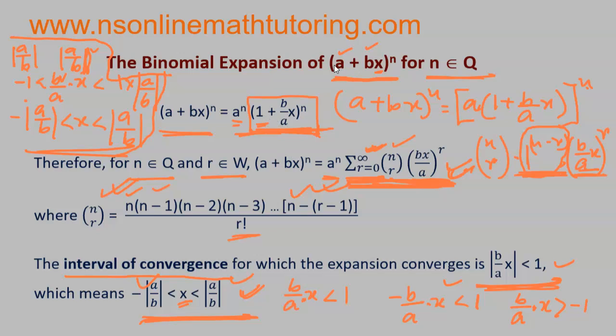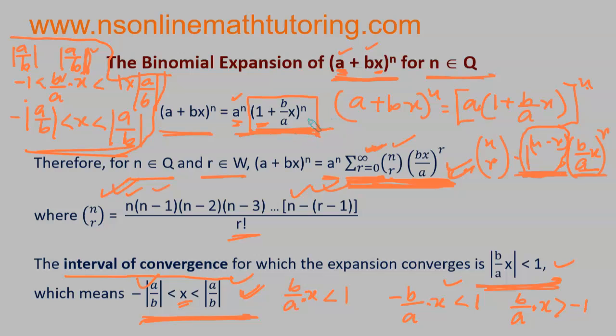So if a is equal to 1, we have nothing to do. We do not have to take out a to the power of n. But if a is not equal to 1, then we have to convert this into the form a to the power of n times 1 plus b over a times x, whole raised to the power of n.